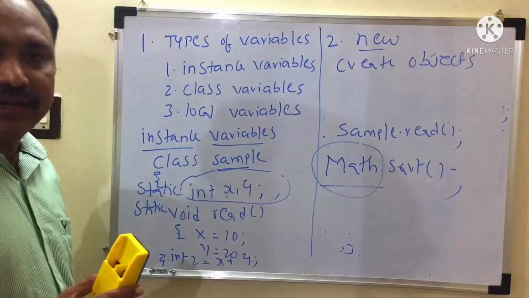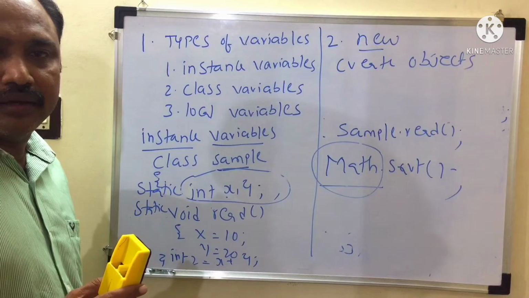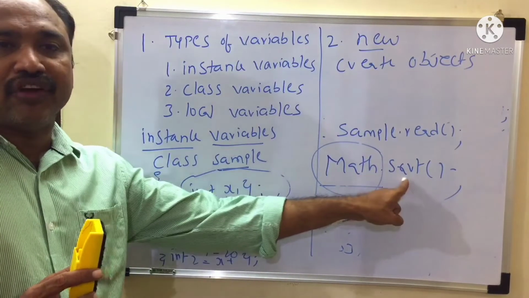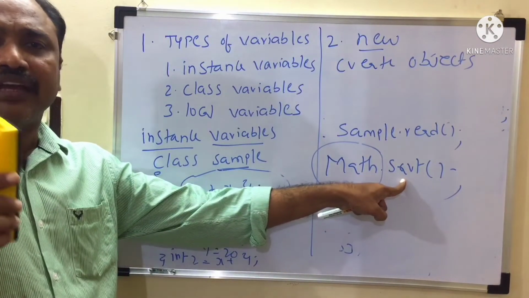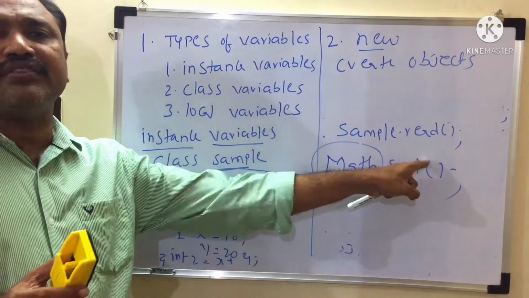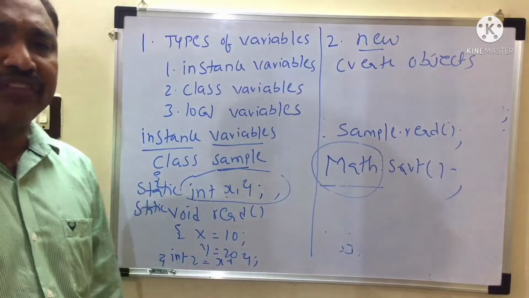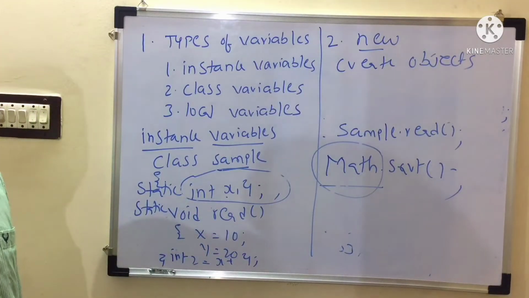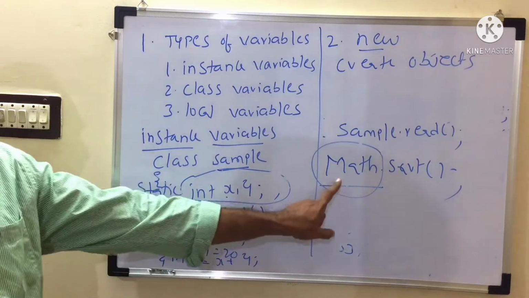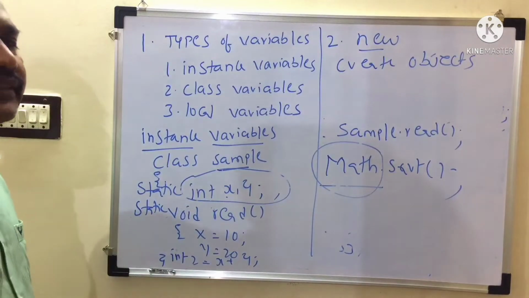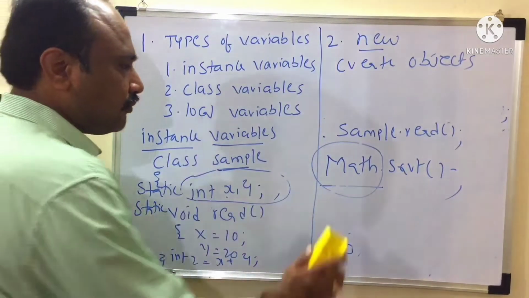They are referred to as wrapper classes. In the same way, Math.sqrt. Why are they writing this? Because in the Math class, sqrt is static. You can access Math.ceil, Math.floor, Math.sin directly, because in that class the methods are static.